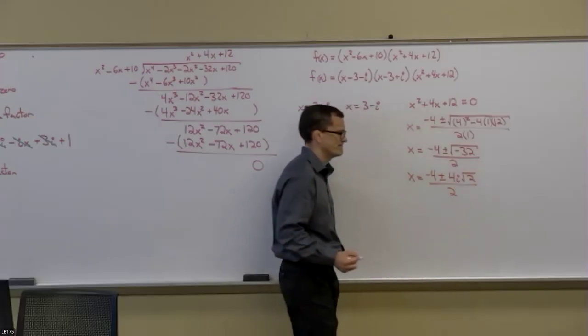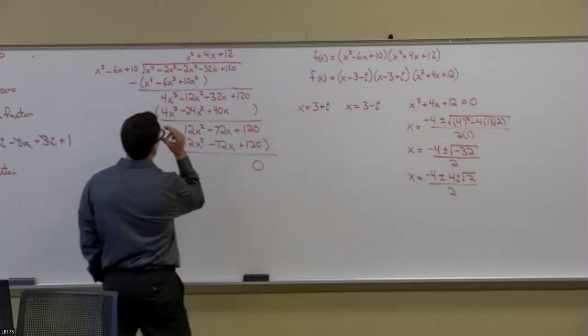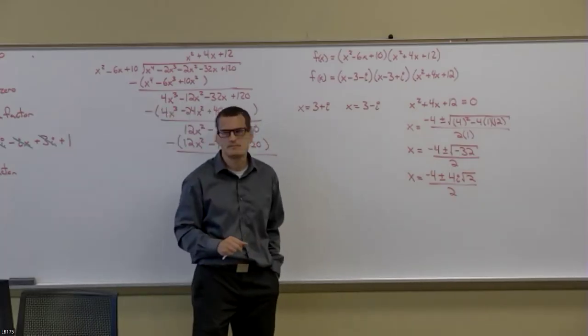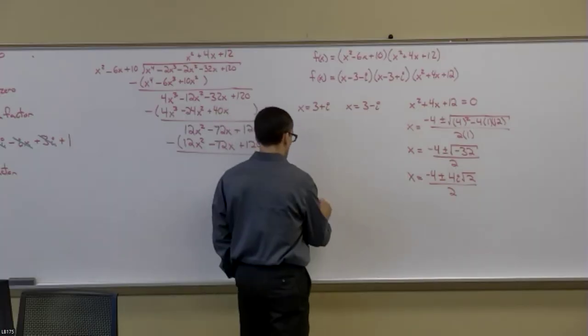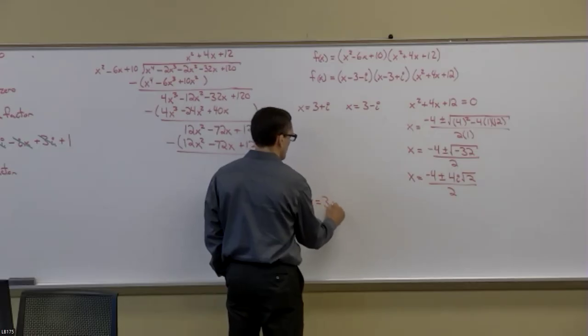Is that okay? So it looks like I have 4 complex zeros.